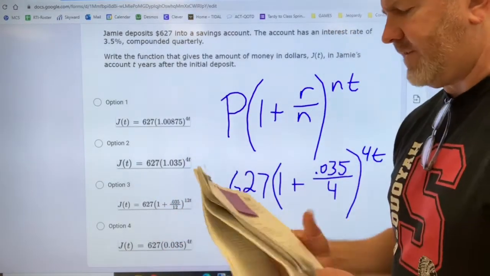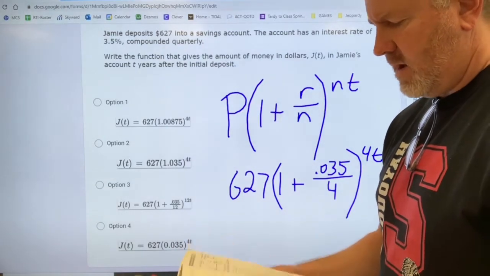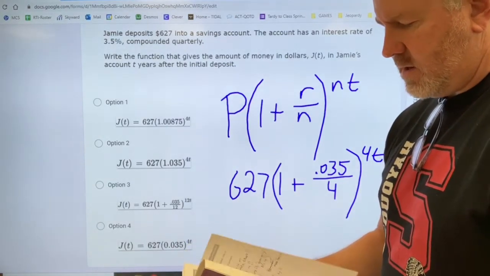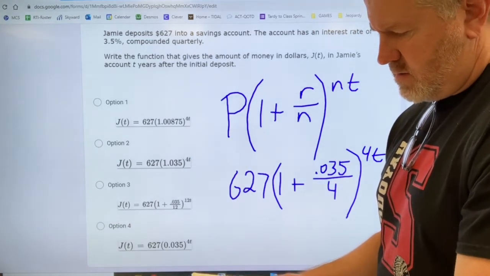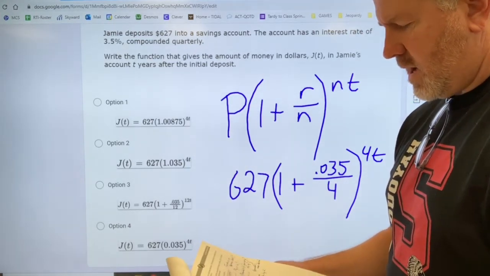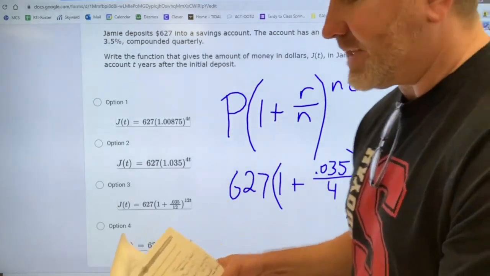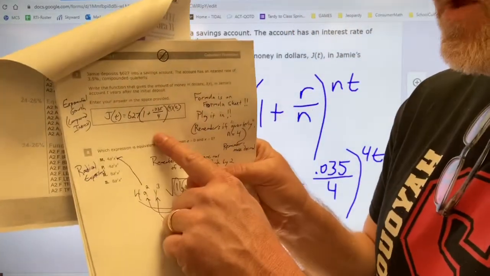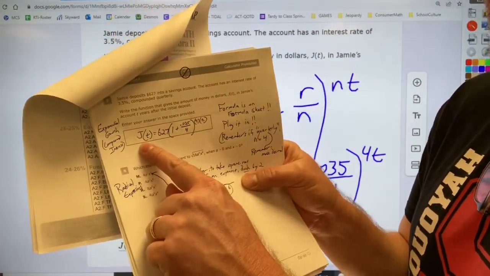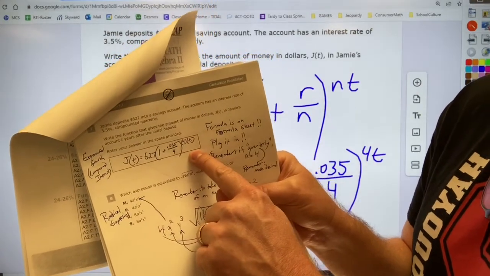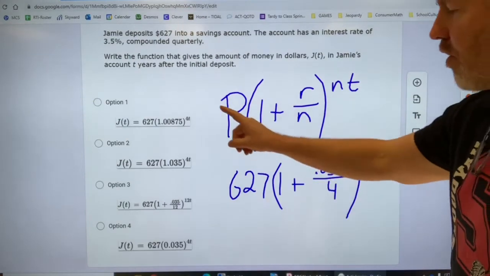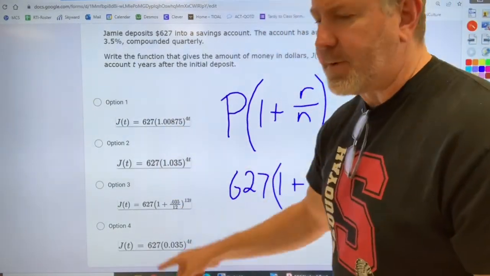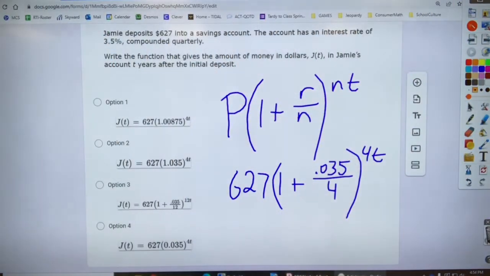So let me see if this one maybe came off of the one that... oh, I see. This actually came off of the one where you're not supposed to use a calculator, and you would be given the expression written out just like I have here. But in order to get these multiple choice answers, you would have to use a calculator.